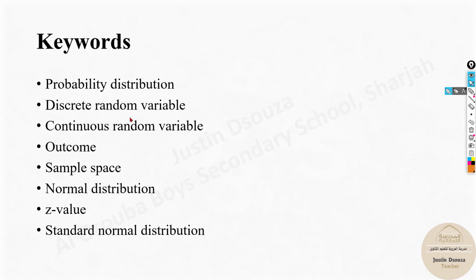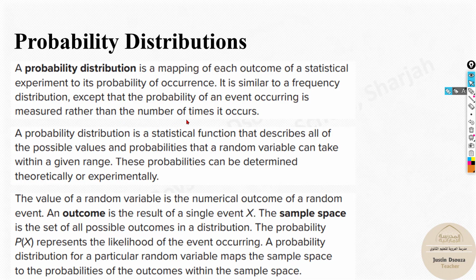Now we will look into the first one, probability distribution. Mapping probabilities is simply put as probability distribution. Imagine there's a certain experiment done and you map them in a graph, maybe a bar graph. That is probability distribution. Now, about the outcome, it's basically a result of an event that has happened.